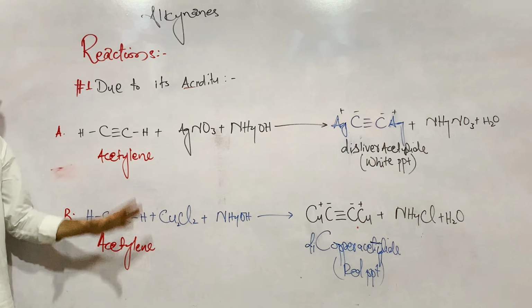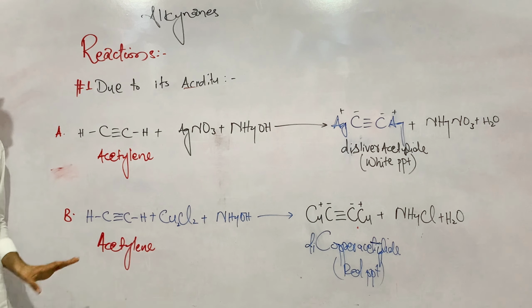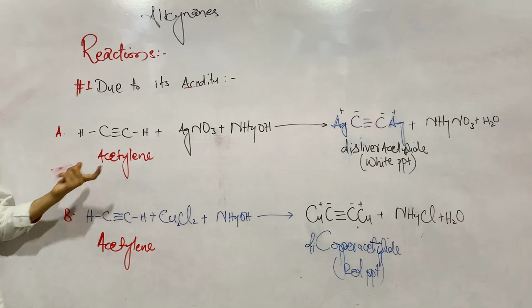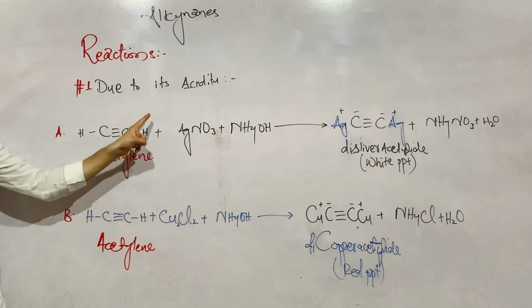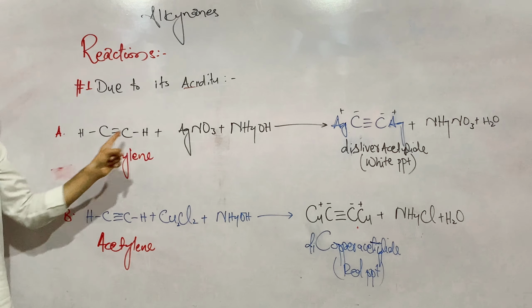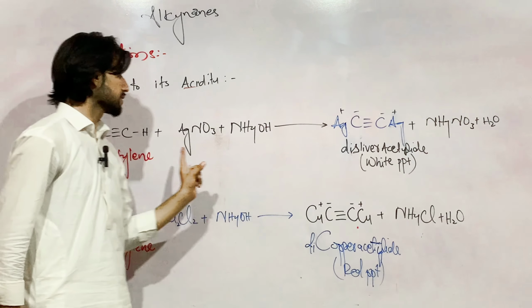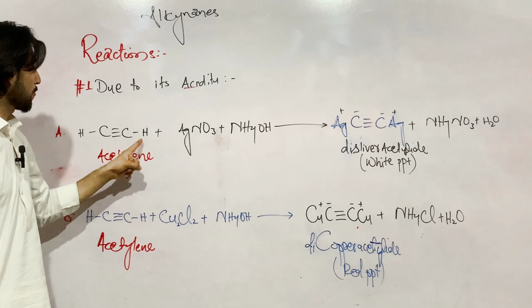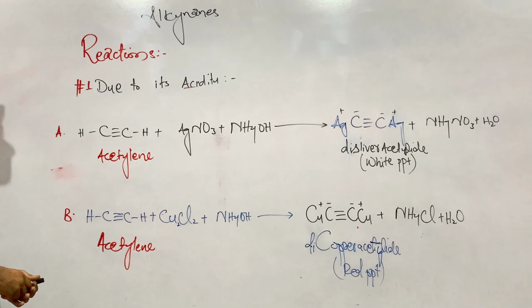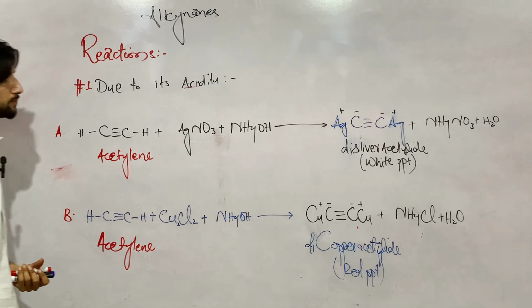I have taken acetylene as an example. Acetylene protons are replaced by a metal like silver ion. These acidic protons.